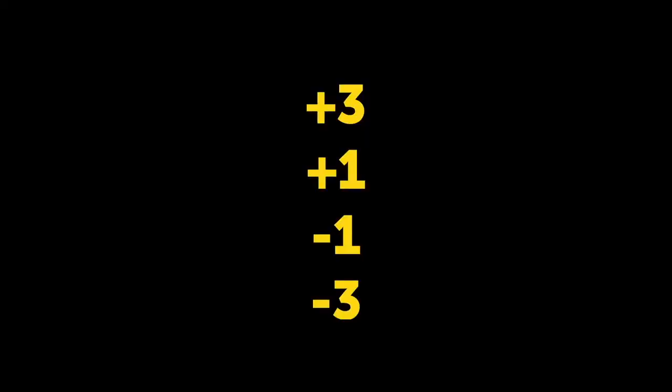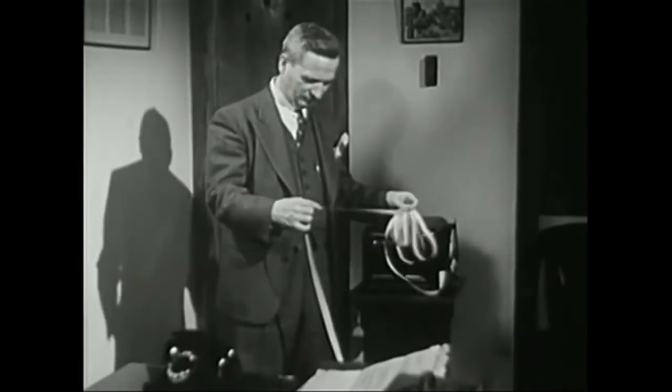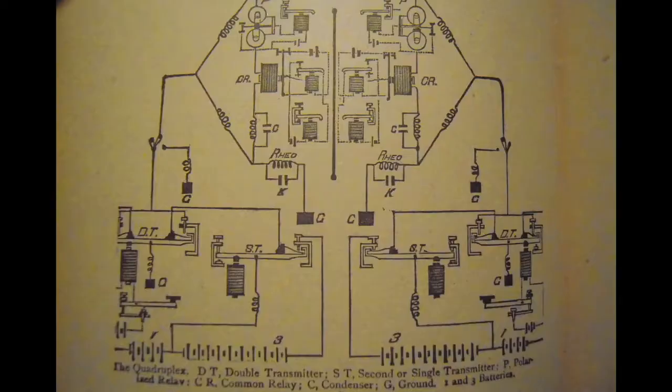So he had plus 3 volts, plus 1 volt, minus 1 volt, and minus 3 volts. 4 different current values which could be exchanged. It enabled Western Union to save money by greatly increasing the number of messages the company could send without building new lines. And this is known as the quadruplex telegraph, and it continued to be used into the 20th century.